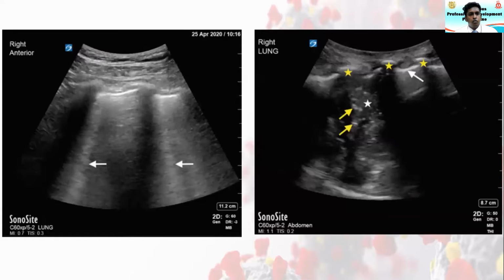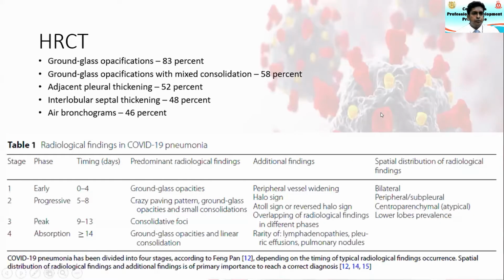These are the confluent B lines you see on the right-hand slide. On the left-hand side, the yellow arrows show consolidation, and this arrow shows disappearance of pleural markings. These are the signs of consolidation we see in lung ultrasound.